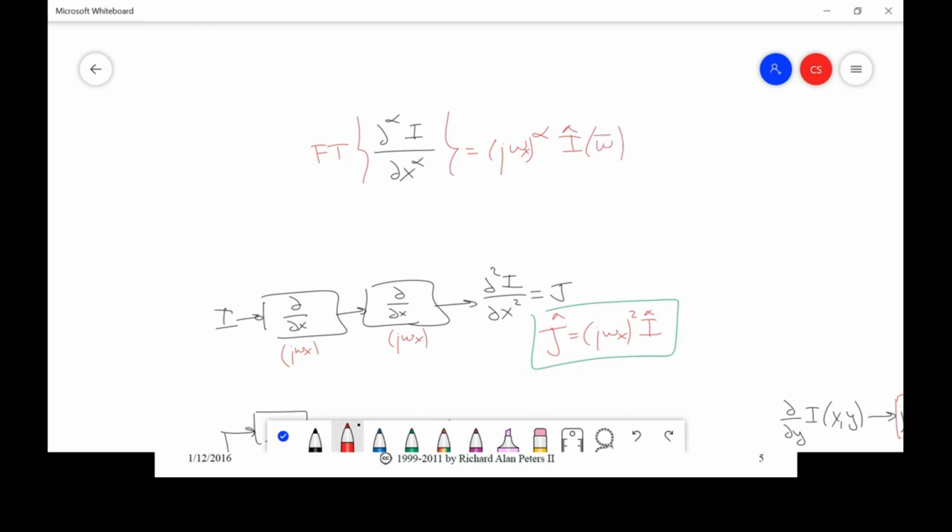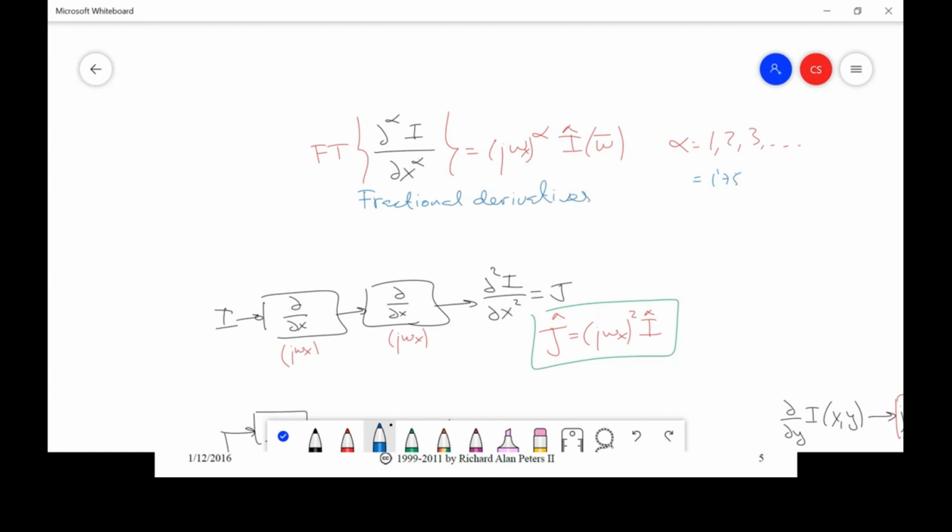And alpha here takes the values 1, 2, 3, and so on. There is nothing that prevents us from taking alpha equal to 1.75. So we can immediately compute something called fractional derivatives.